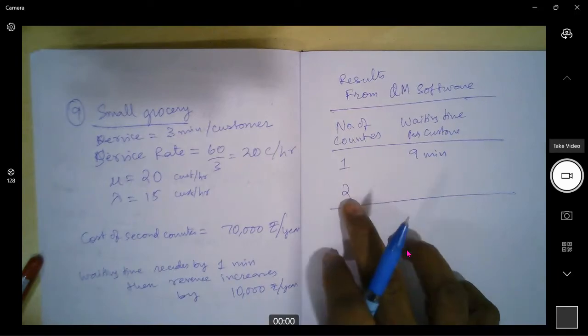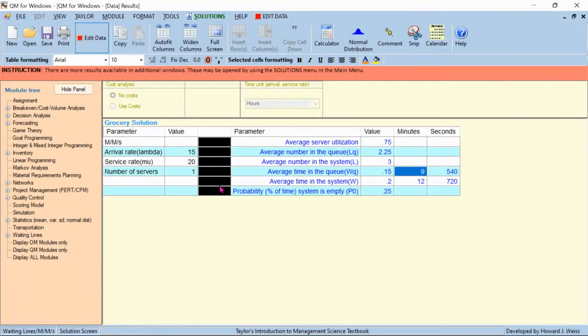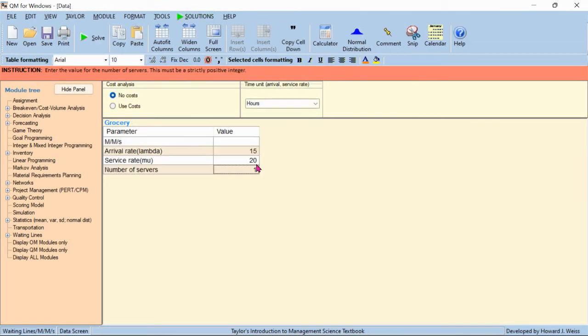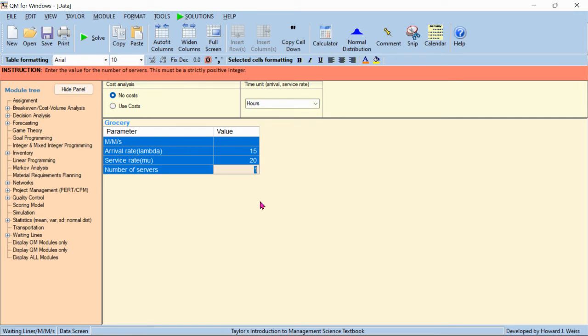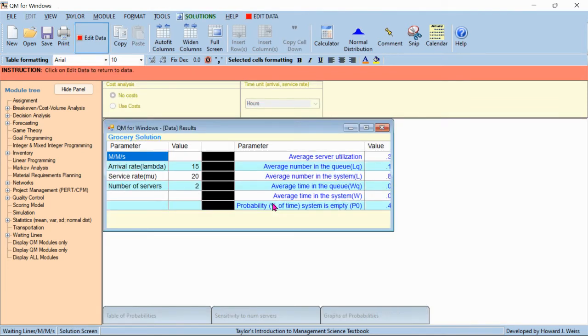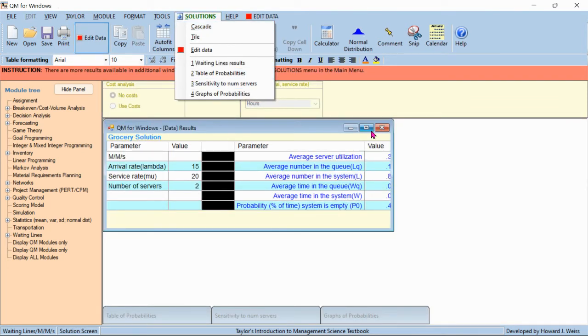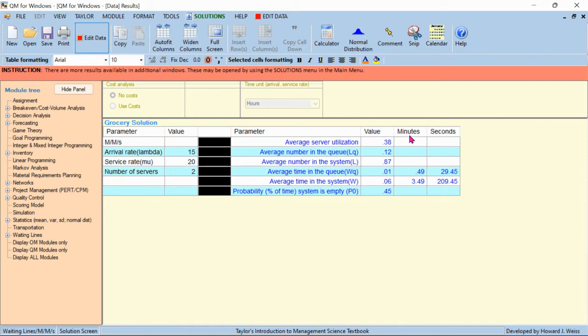Now when there are two counters, what happens? I go back, edit data, and type 2. So I got the solution. The waiting time is 0.49, or 0.5 minutes if you round off. So 0.5 minutes is equal to 30 seconds.